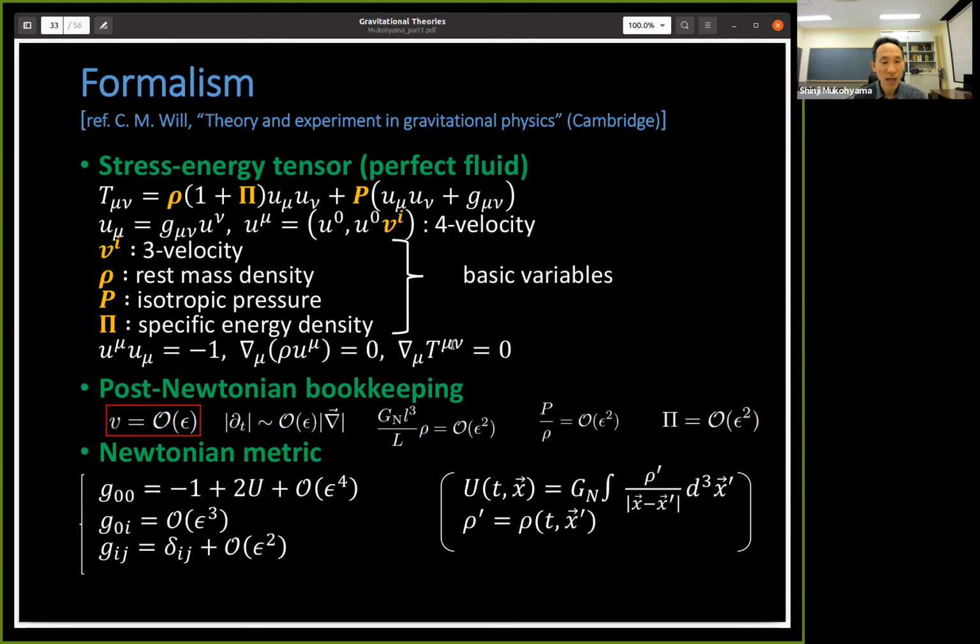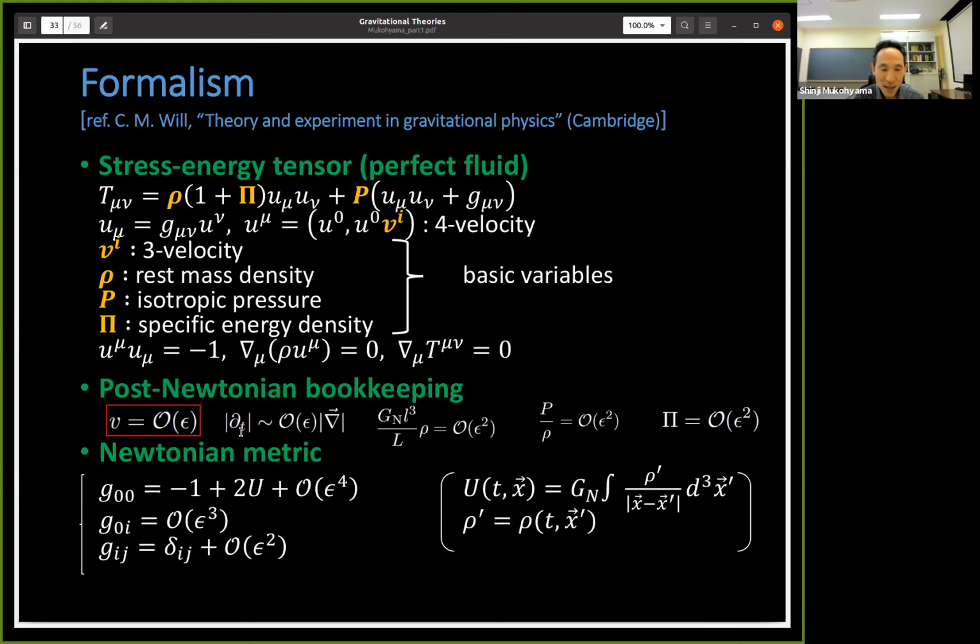Then we introduce the so-called post-Newtonian bookkeeping. We consider the 3-velocity as a small quantity, so we introduce epsilon. This velocity is basically dx over dt, where time is in the denominator and the spatial coordinate is in the numerator, which is order epsilon.